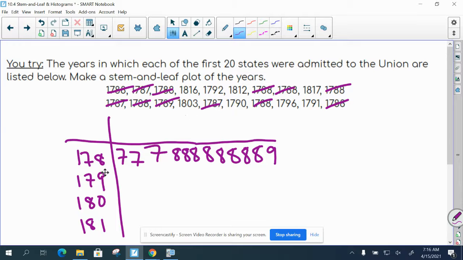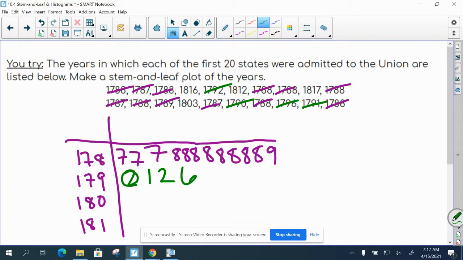Okay, so for 1790, we've got 1792. Oh, but I don't think that's the first one, so we have to write it in order. You have 1790, so we have to put a 0 first for 1790. And then you have 1791, and then we'll do the 1792. And then 1796. That's all for that one. How about 1800?